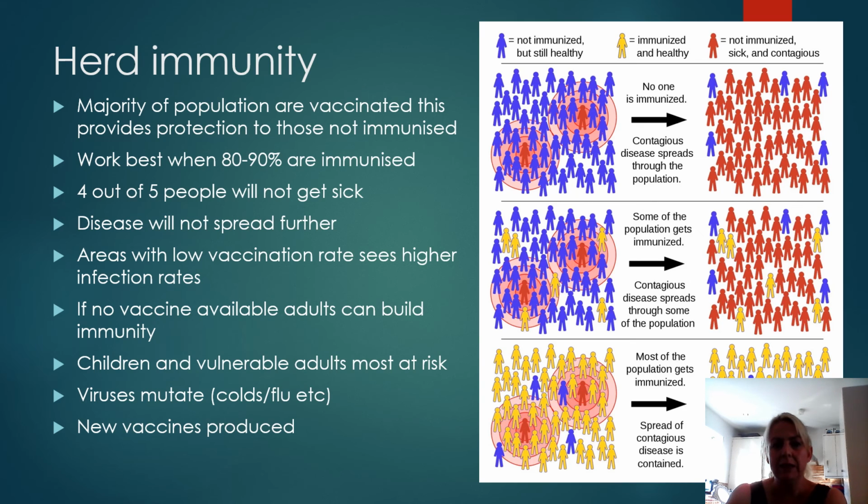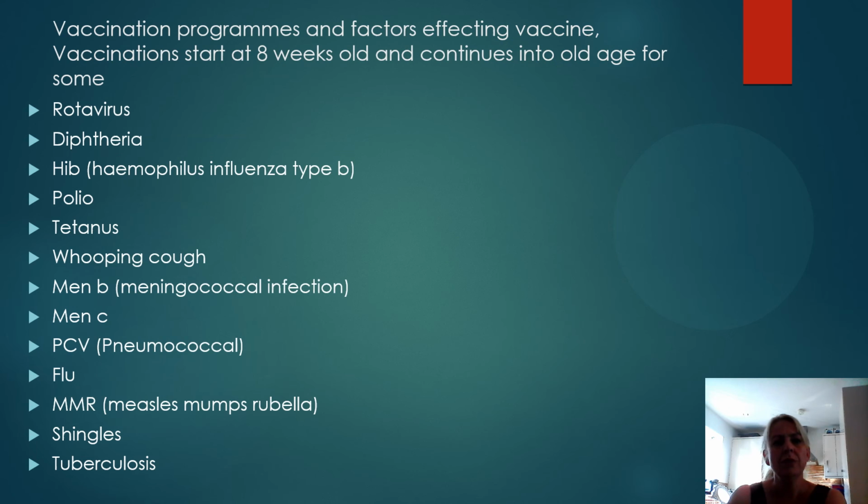Areas with low vaccination rates may see higher infection rates. If no vaccine is available, adults can build immunity, but children and vulnerable adults are more at risk. Viruses can mutate and new vaccines are being produced. Vaccination programmes are available from the age of 8 years old and upwards.